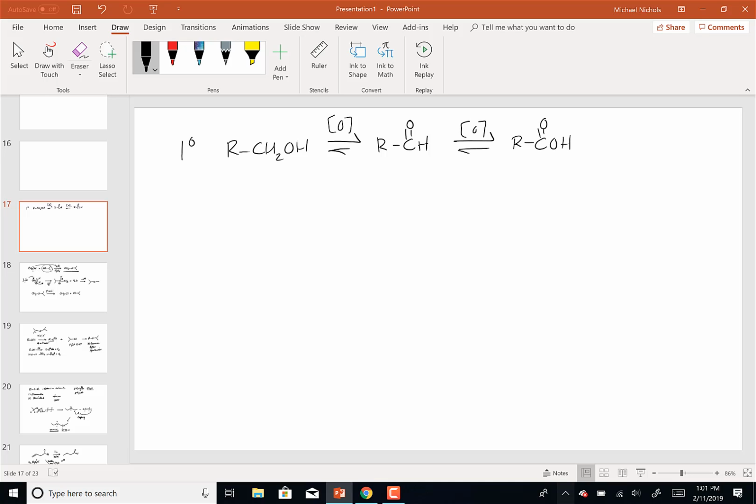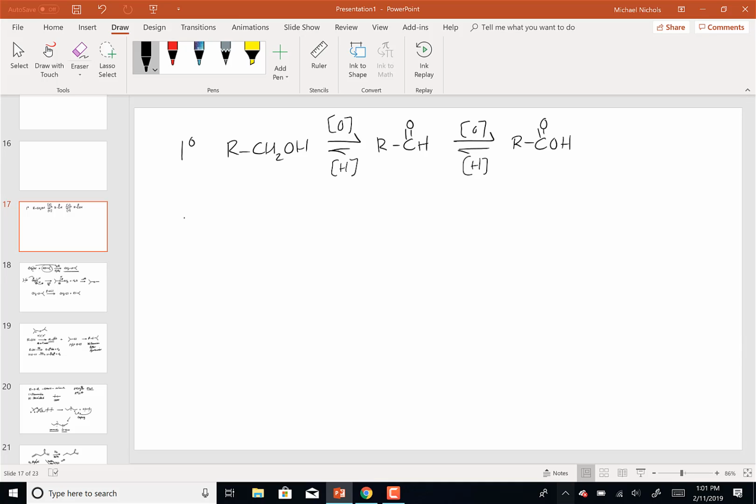So in general, when you see the O with the brackets, it means that that's an oxidation reaction. And then, of course, we can reduce the carboxylic acid back down all the way to the primary alcohol. We don't have a reagent that stops at the aldehyde, but there's a way we could go from carboxylic acid to aldehyde if we needed to.